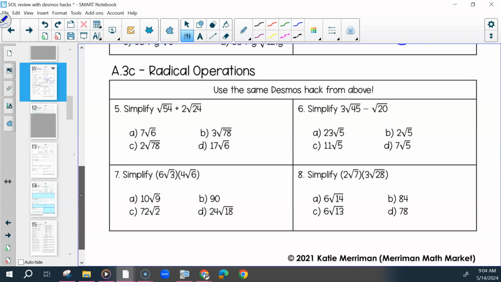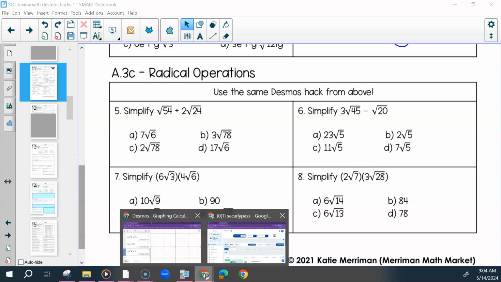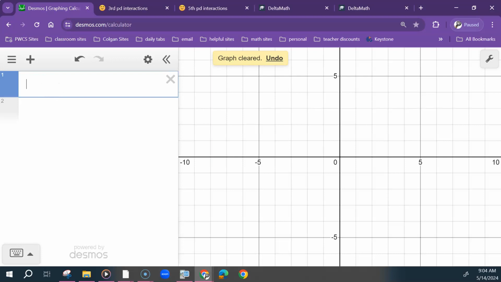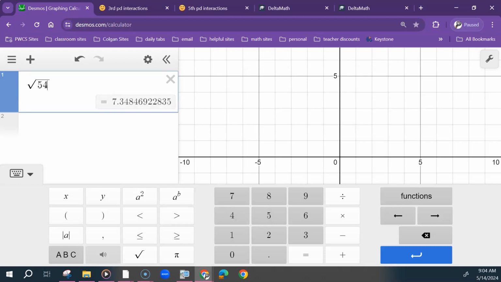So if it's multiple choice, use the decimals hack, but this one is just going to give you decimals. You go ahead and type this into Desmos. Make sure you come out of the square root and then add the rest.